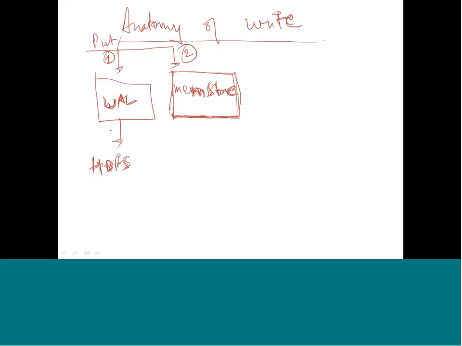So for whatever reason, if a region server dies, the fact that you have never lost the transactions which occurred on that region server, by way of persisting them in an HDFS file, allows another region server to read that write-ahead log file for that respective region and apply those changes to the necessary files on that region.